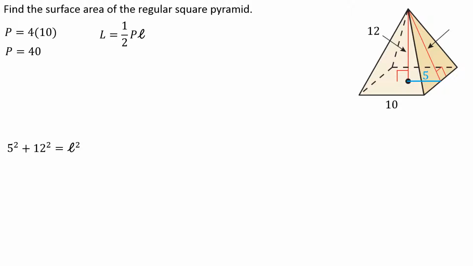So the square of the legs, when I sum those together, it has to be the same as the square of the hypotenuse. 5 times 5 is 25. 12 times 12, 144. Add those numbers together. Remember to take the square root.